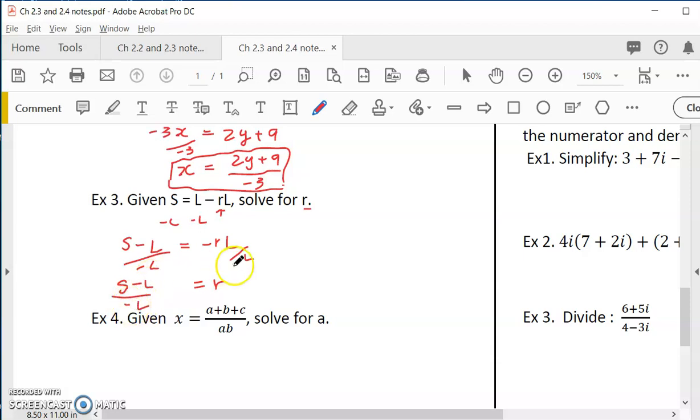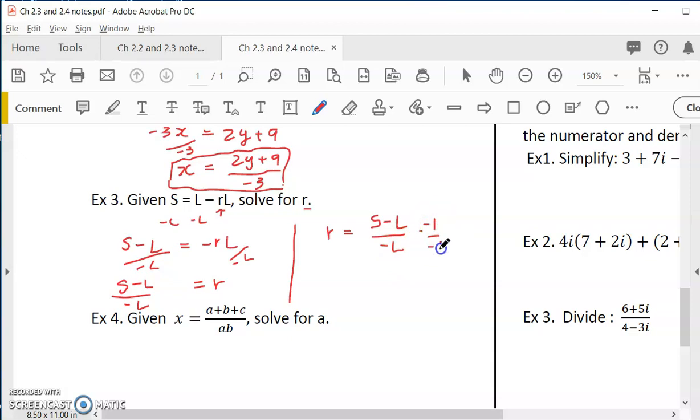Can I cancel this? No, you cannot. You can simplify it by splitting it, but you cannot cancel. So what we can say is R is equal to S minus L over negative L. That's good enough. Or if you want to, you can multiply by negative 1, if you don't like to have this negative L over here.